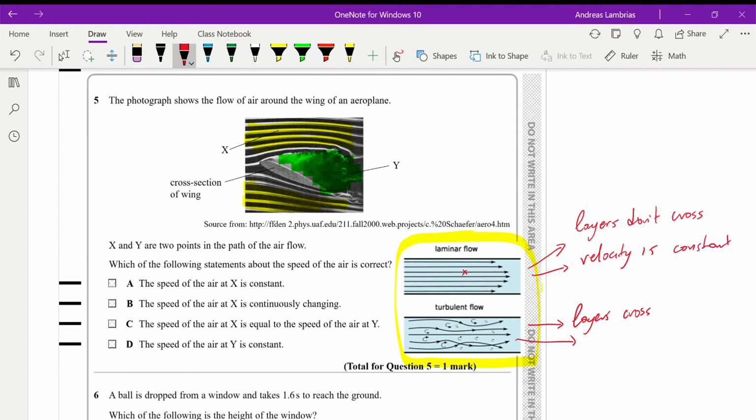But if you look at a specific point on a turbulent flow, the velocity changes. So now, the possible answers: answer A says that the speed of the air at X is constant, and yes, we can identify that X is laminar flow, therefore yes, it is constant. So this would be the right answer.